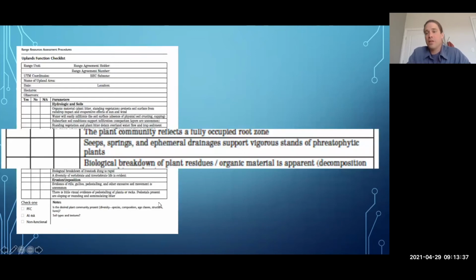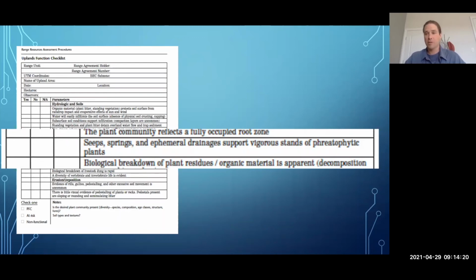This can also come into play with the uplands function checklist for range assessment procedures, where one of the questions is: are seep springs and ephemeral drainages supporting vigorous stands of phreatophytic plants, so plants that like their feet in moisture. When conducting these assessments, experience has been that this is often a question we have trouble with: whereabouts on our upland are we looking for a vigorous stand of plants that like their roots in a little bit of water?